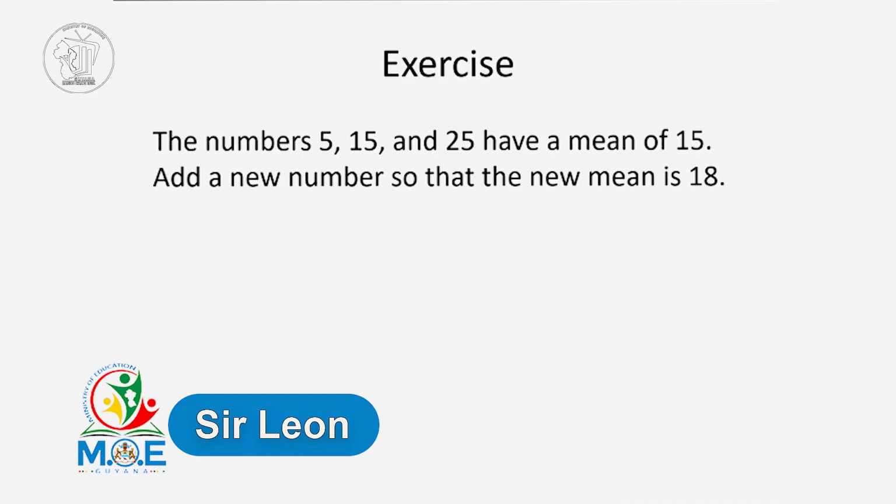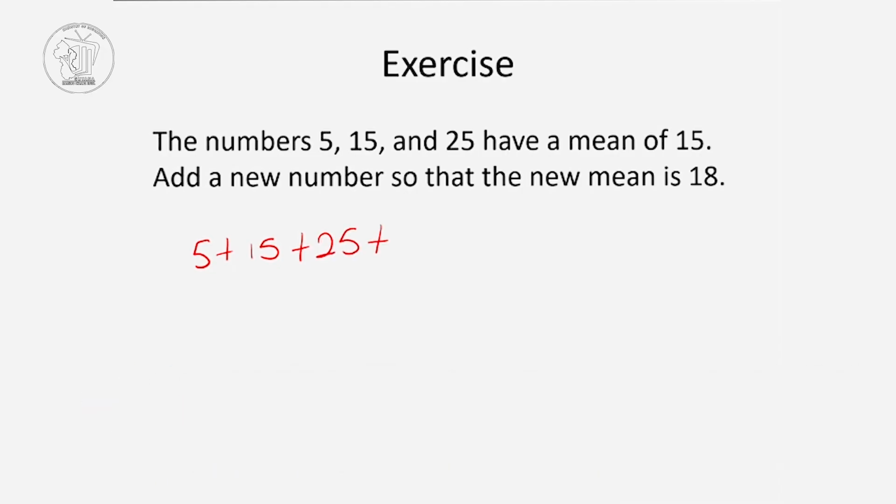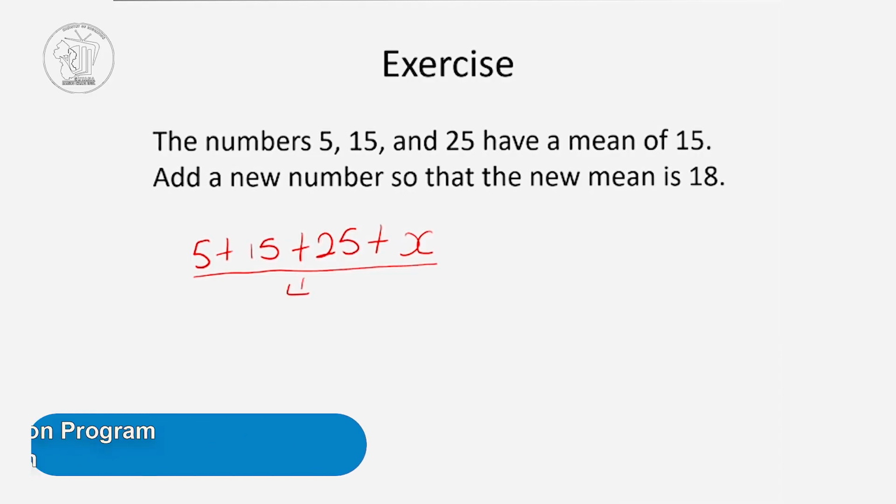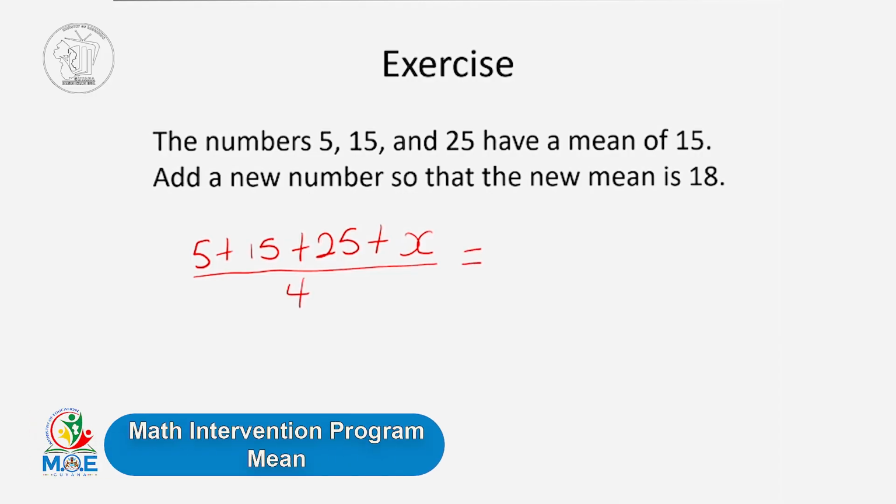So we have 5 plus 15 plus 25 plus the number that we don't know. When we don't know a number, we use a variable, an unknown. In this case, we'll use x. All of this should be divided by 4, and this should give us a mean of 18.